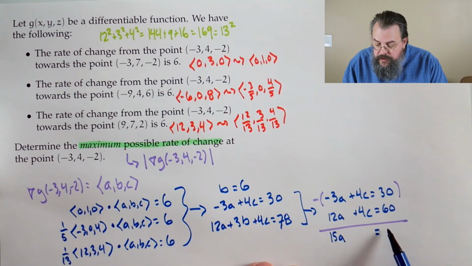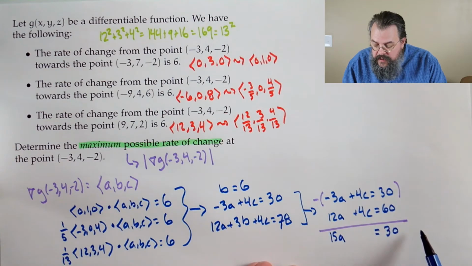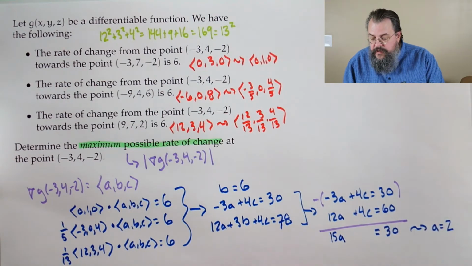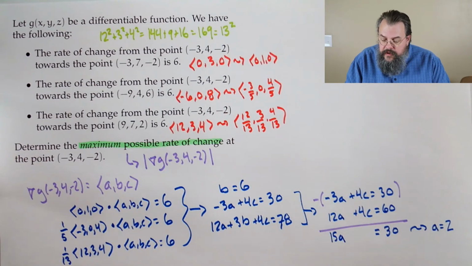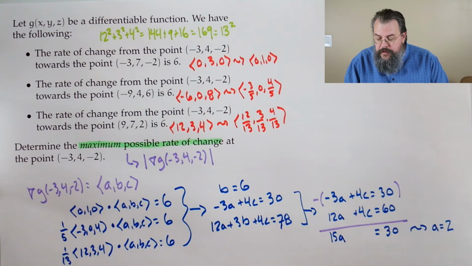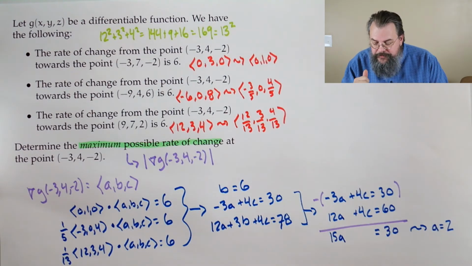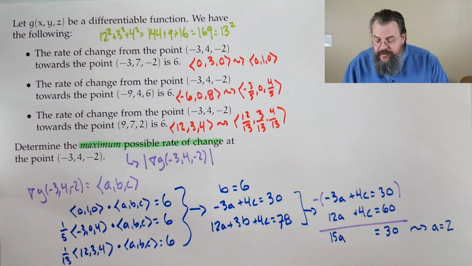So that ends up with 30. We say, aha, that tells us a has to equal 2. All right, great. Well, now we know what a is. A has to equal 2.